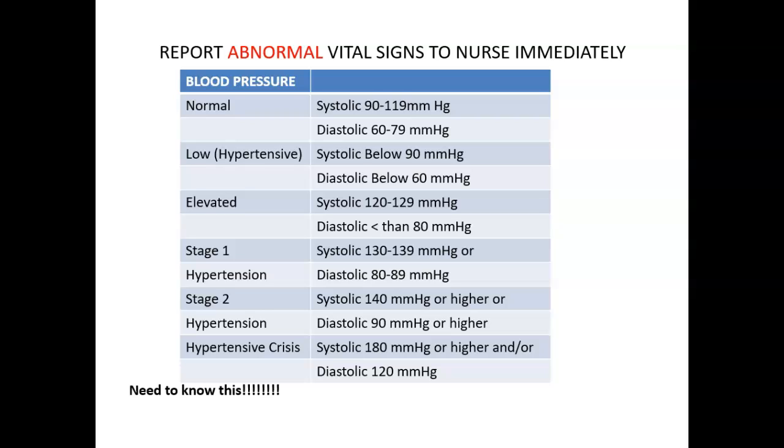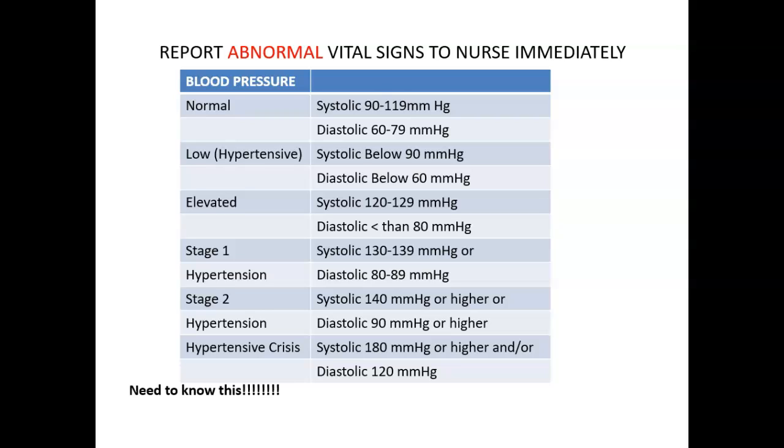Elevated would be 120 to 129 on the top, and less than 80 on the bottom. Stage 1 would be 130 to 139 on top and 80 to 89 on the bottom. Stage 2 is 140 or higher, and the diastolic of 90 or higher.